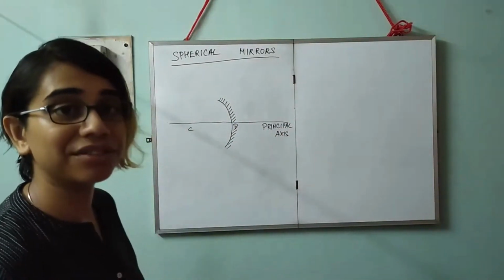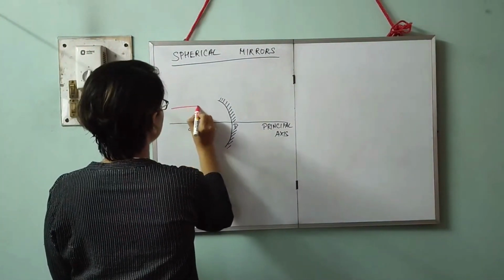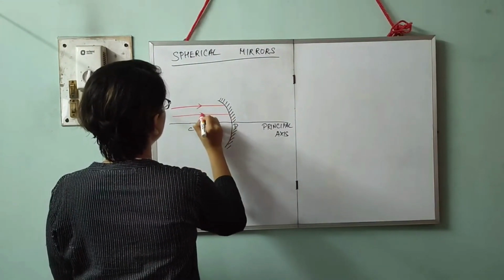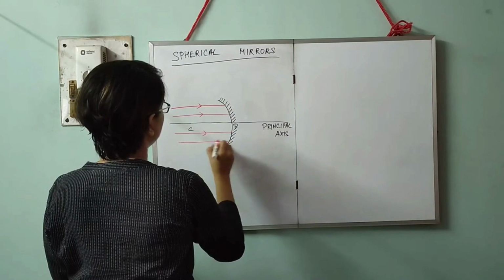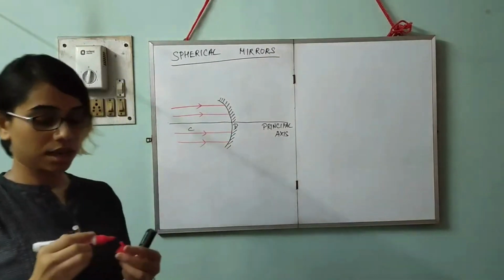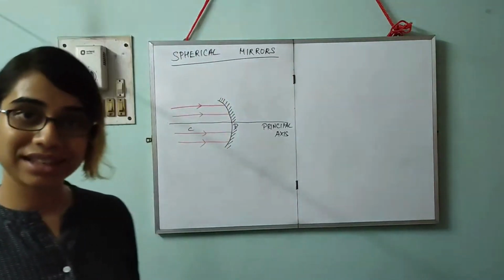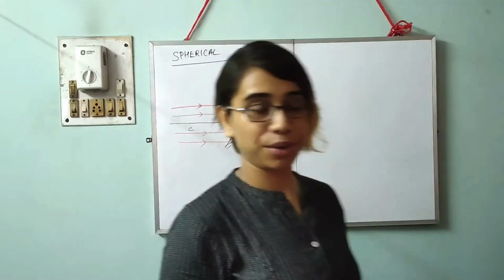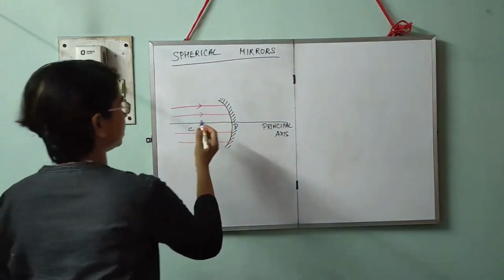Now we will have incident rays. In a concave mirror, the reflected rays always converge towards a point.